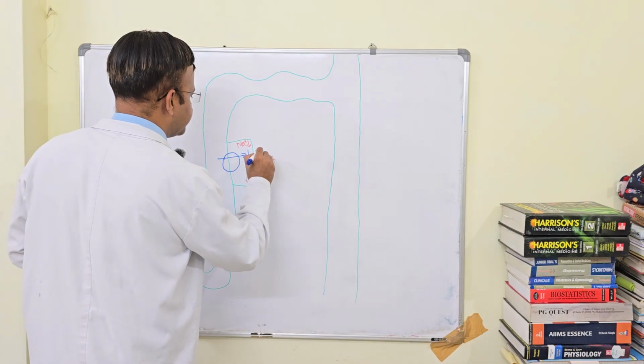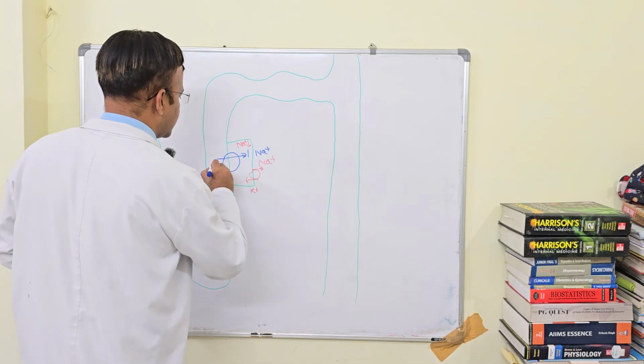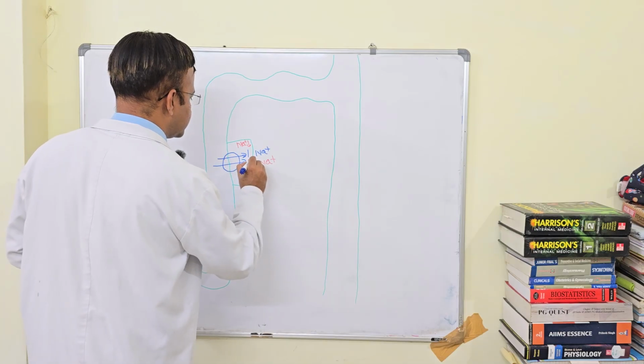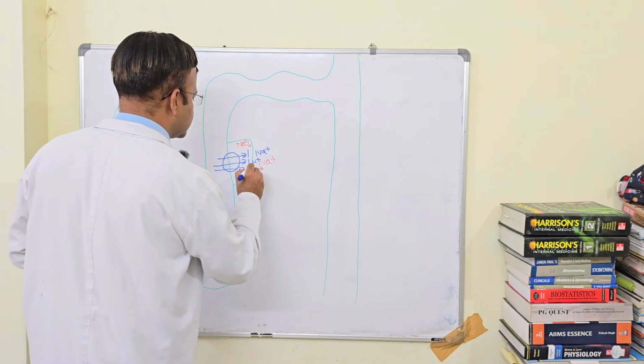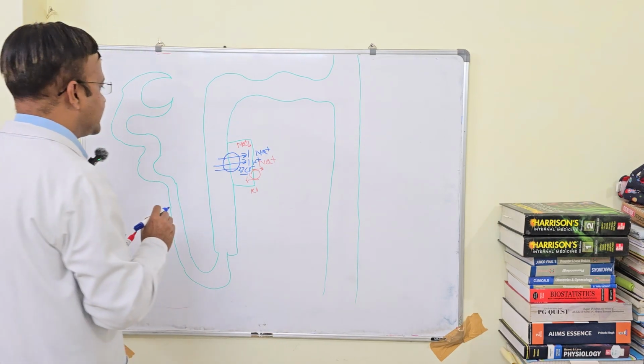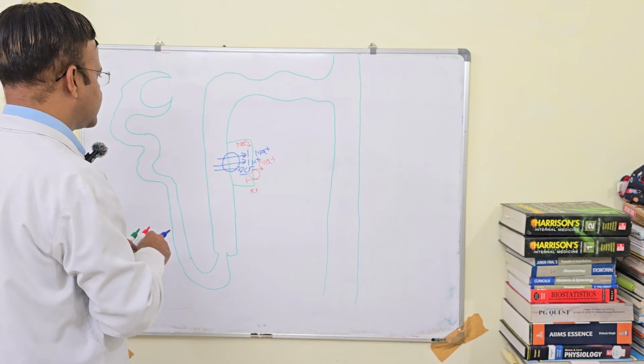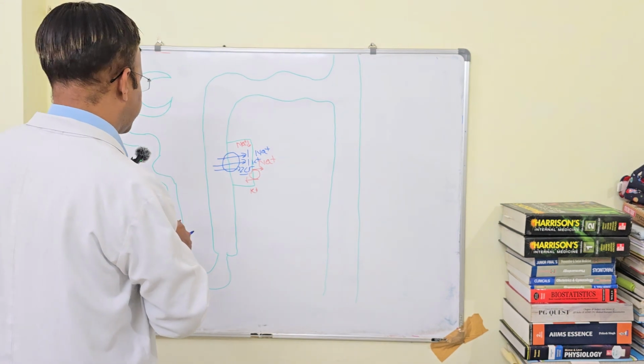1 sodium, 1 potassium and 2 chloride, right? And which drug inhibits this channel? Our drug furosemide.